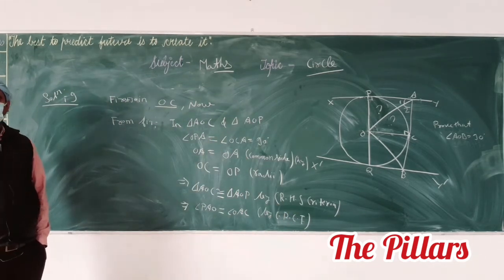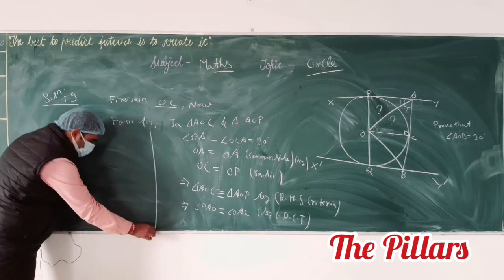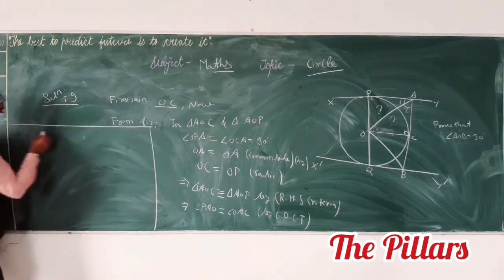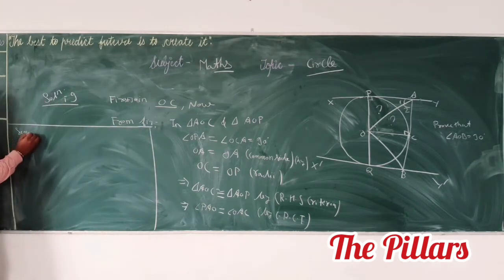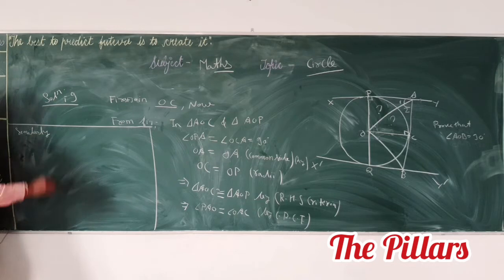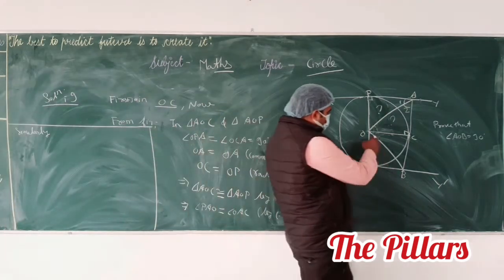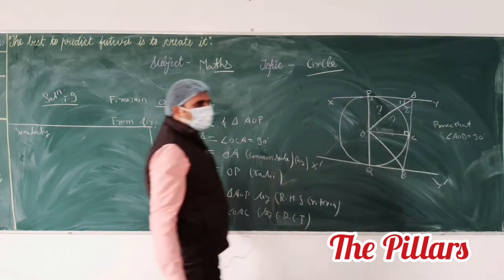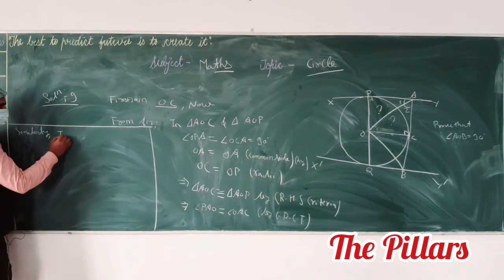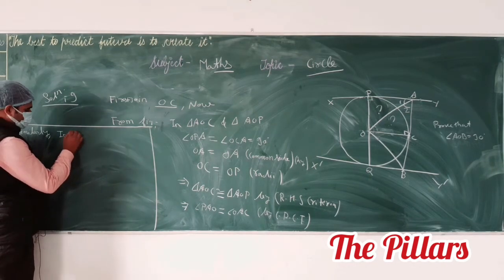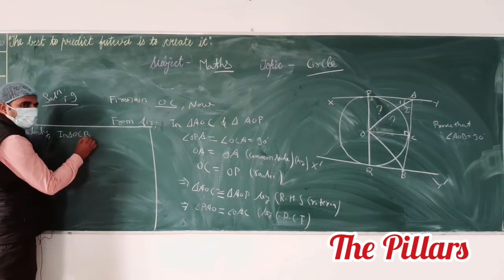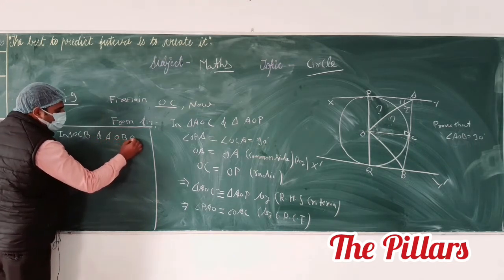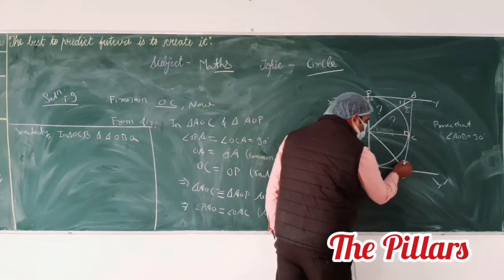Till here, anyone have any problem? So see that we have to mention similarly. Similarly, in triangle OCB and triangle OBQ, these two angles, 3 and 4, are equal to each other or not?